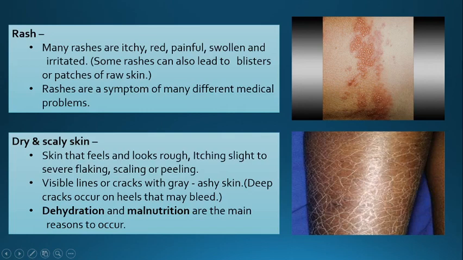There can be visible lines or cracks with grey and ash color on the top of the skin. In some people, there can be deep cracks, like on the heels, where the skin is thick, and there can be bleeding also.